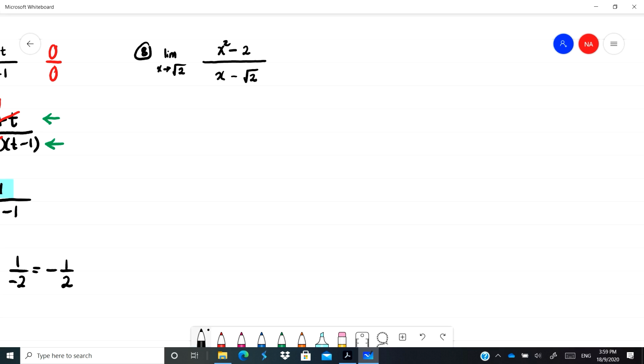Okay, this is the correct one. If you substitute with square root 2, then you will get a 0 over 0 case, because you have square root 2 squared minus 2 over square root 2 minus square root 2. So square root 2 squared is 2, minus 2, over square root 2 minus square root 2. This is simply a 0 over 0 case. So you can't do this. You have to factorize.